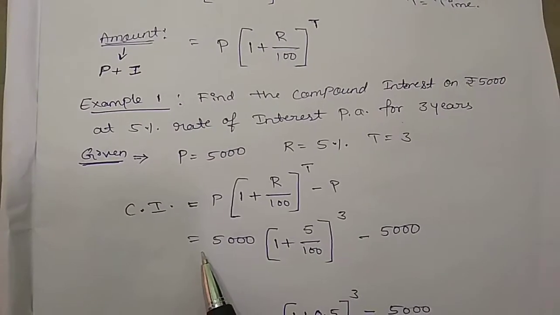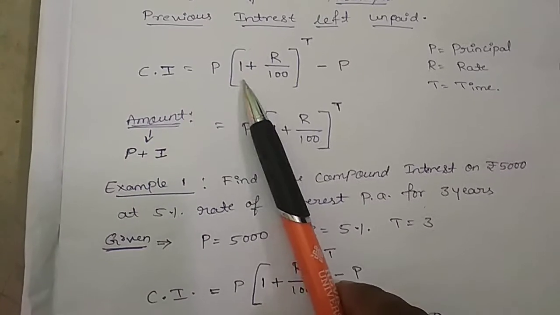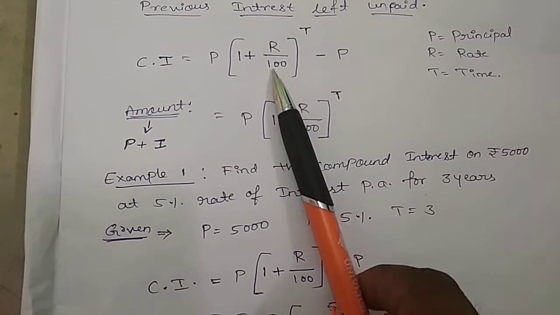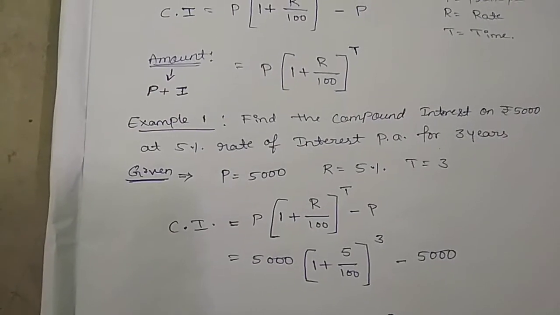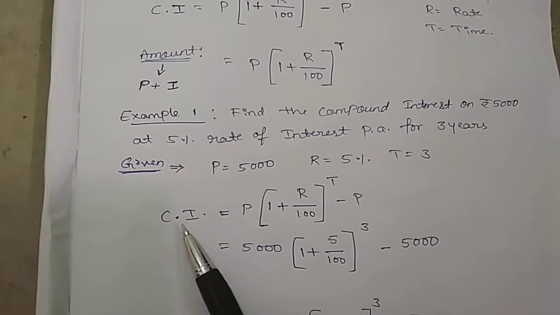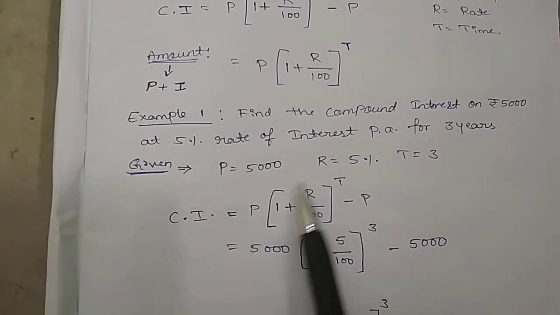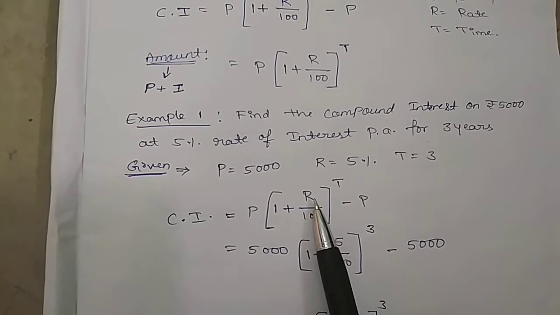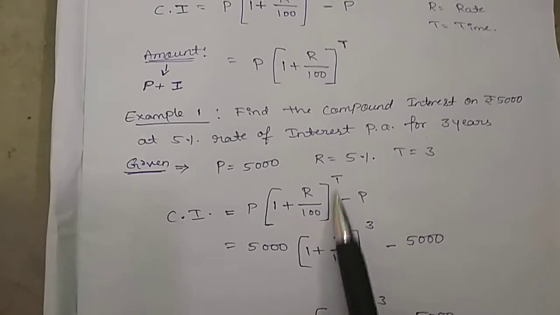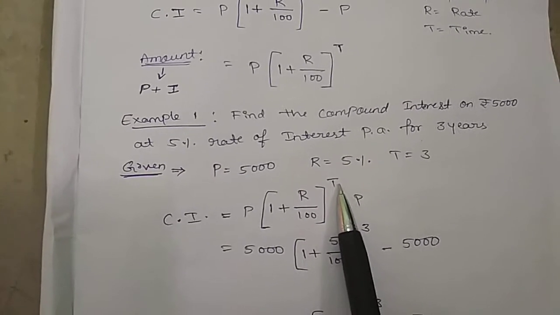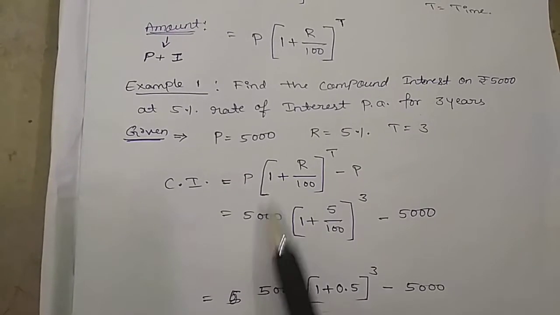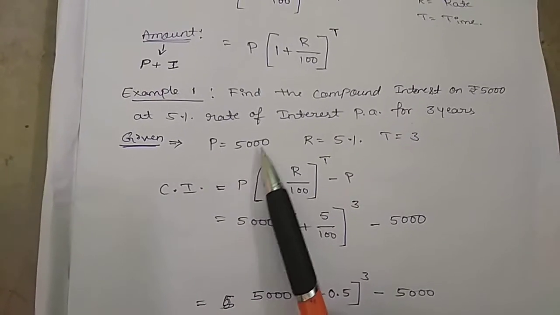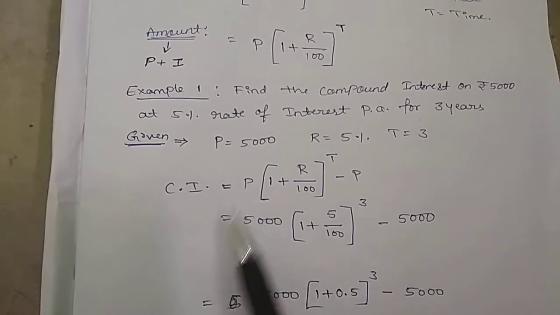To calculate the compound interest, we have a formula here. CI is equal to P into (1 plus R divided by 100) to the power of T, minus P. Compound interest is equal to principal into (1 plus rate of interest divided by 100) to the power of T, time, minus the principal amount. Just substitute the values into the formula.